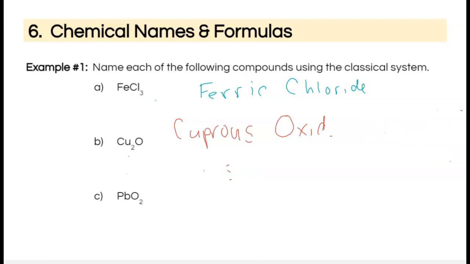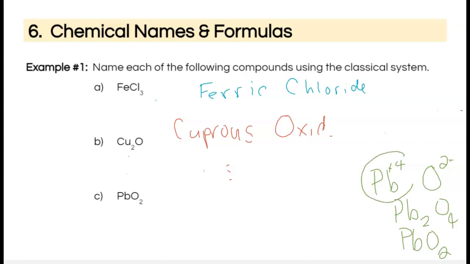I have lead, and lead in this case, by going through my crossover rule, I can see that I have lead with a 4+ charge, right? So remember, I need to cross those over, and that's going to give me Pb2O4, which I want to reduce to PbO2, to lowest terms, because it's ionic. And so in this case, I have lead with the higher of the two charges, because lead can have a 4+ charge or a 2+ charge.